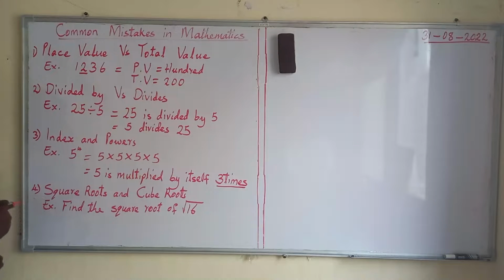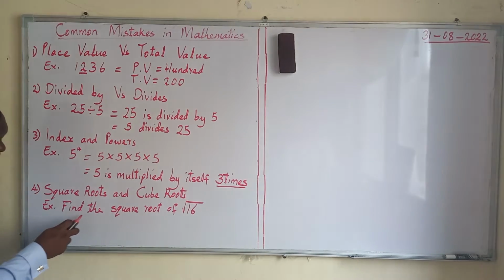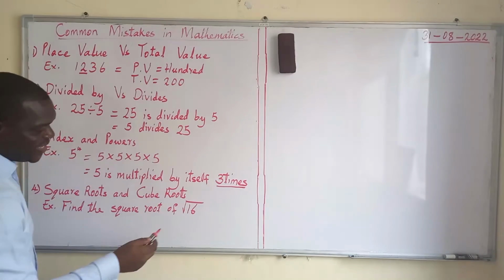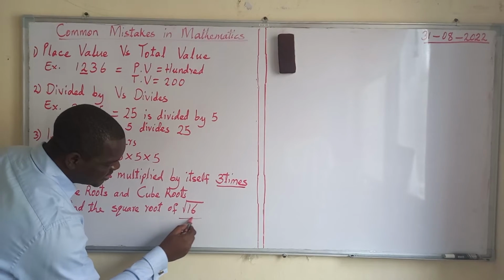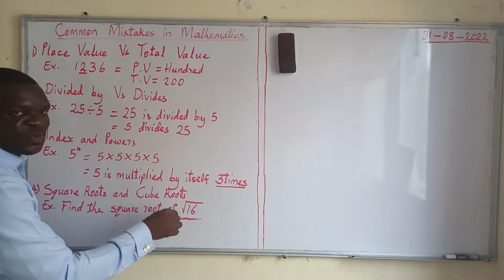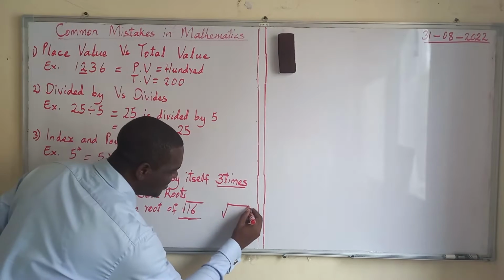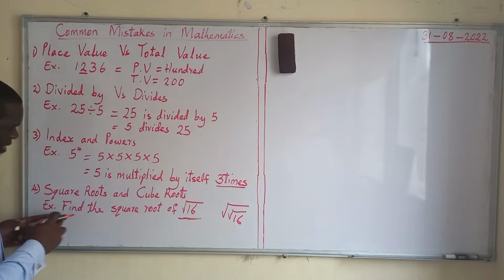Let's look at number 4, square roots and cube roots. Pay attention to this. Find the square root of 16. This is where the problem is. If you look at this, 16 is written in the square root sign. This question can be interpreted as this. This is how you can interpret this question.